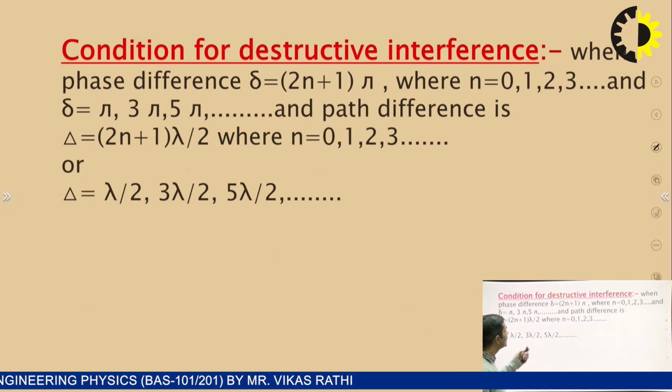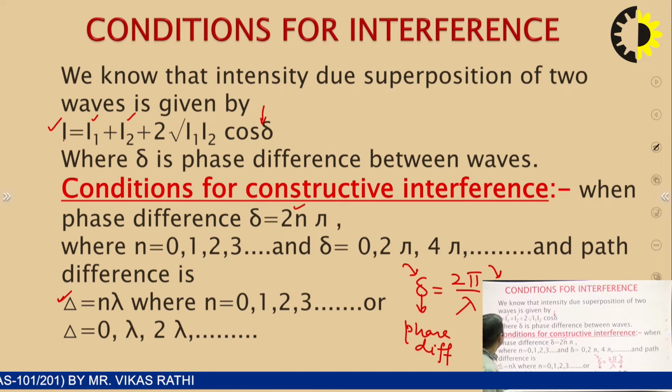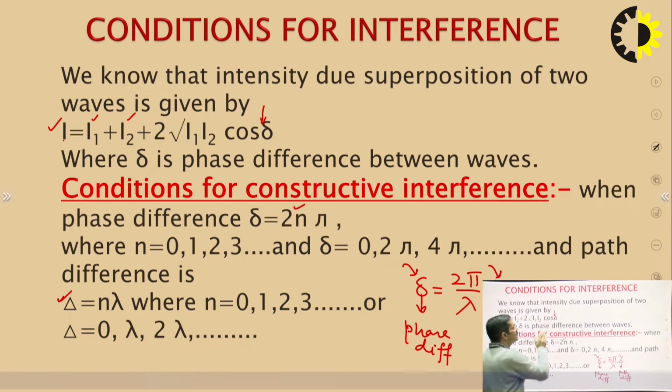Similarly, we can have conditions for destructive interference. For destructive interference, the resultant intensity I should be minimum, and the minimum value of this expression occurs when cos delta is minimum, and cos delta will be minimum when delta is an odd multiple of pi.